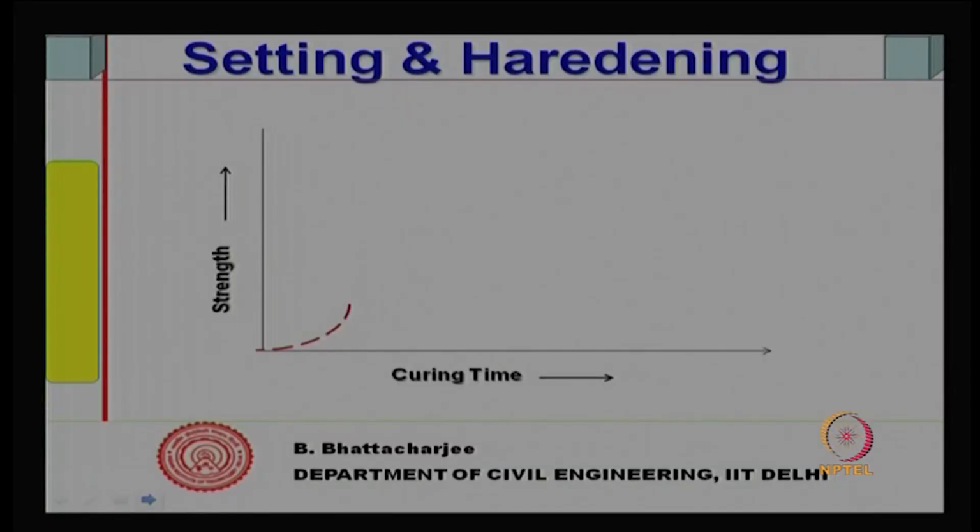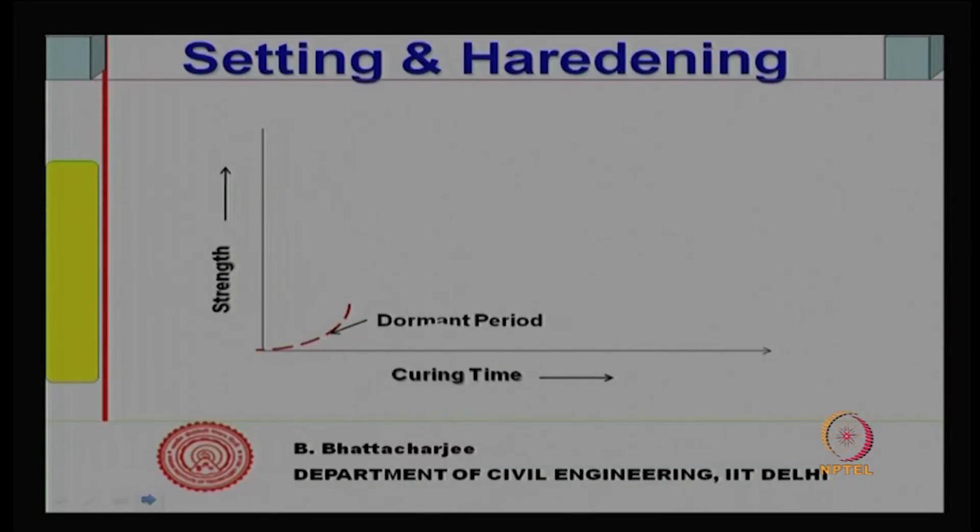So, a solid is one which has a definite shape. If you want to cause its deformation, you have to apply load, and its deformation is governed by Hooke's law, so the stress strain relationship as we understand. Therefore, during solidification some strength gain does take place, because after all it is going from plastic to a solid state.